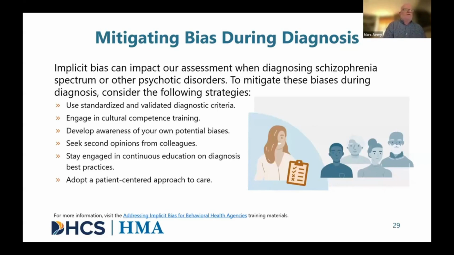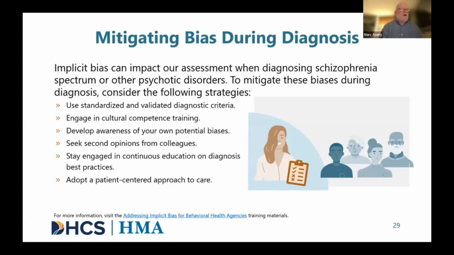They include, first of all, using standardized diagnostic criteria that we apply to all persons. Clinicians who do psychiatric diagnosis, in most instances, complete cultural competence training. It's also important to just be aware and be self-reflective of your own potential biases and how they might affect your judgment with an individual case.